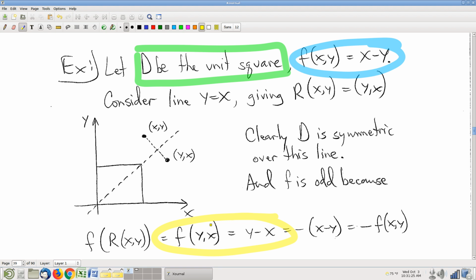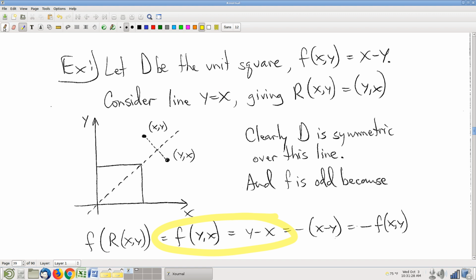Let me walk you through why this is awkward. When you say f of y comma x, there's this temptation to think that is this thing, but it's not. This is the first entry in the function. It goes wherever that thing goes. That thing goes there. Right? So y, being the first entry to this function, according to this formula, the first term that's written as x is y. Right? So be careful.